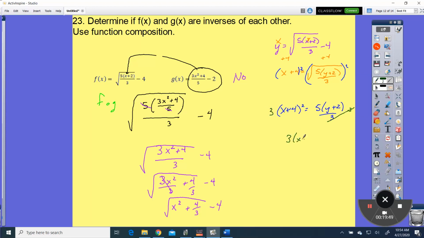So now I have this. So now I would get rid of that times by 5, so I divide everything by 5. So now we have 3 times the quantity of x plus 4 squared, all divided by 5, equals y plus 2. So my last step would be to minus that 2 away.